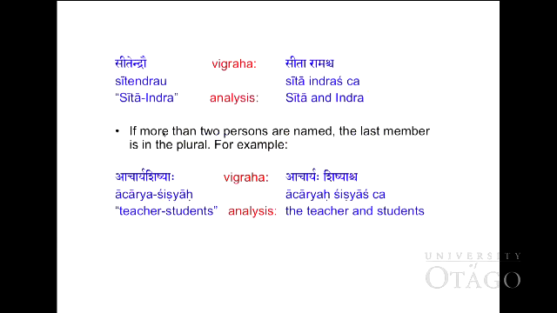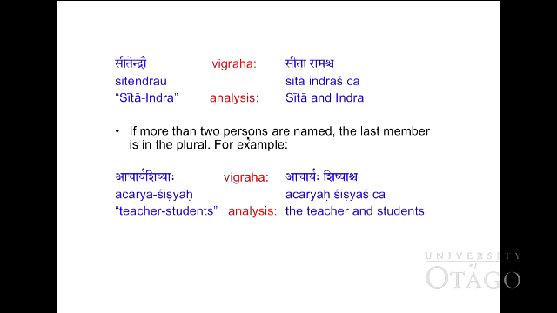Another sample, you can see from this one, Sita plus Indra. You have to apply the A and I Sandhi rule. A plus I changes to E, so it will be Sitendrau. Indrau is in the dual, so nominative dual masculine, from Sita and Indra.